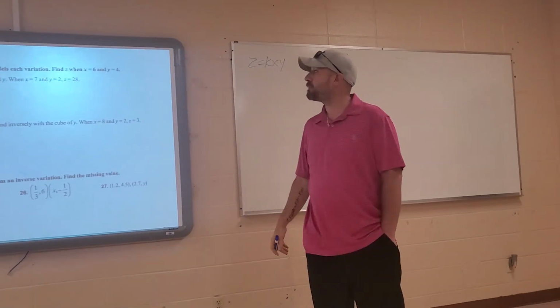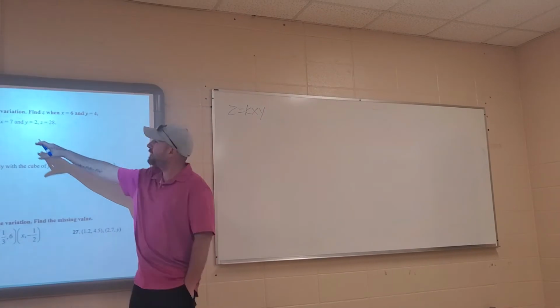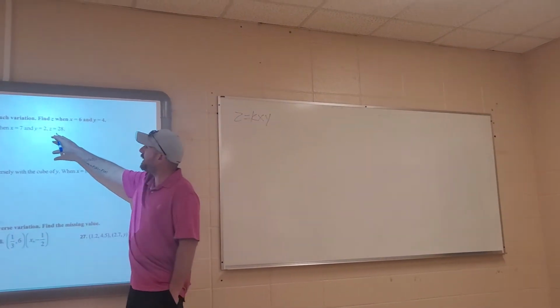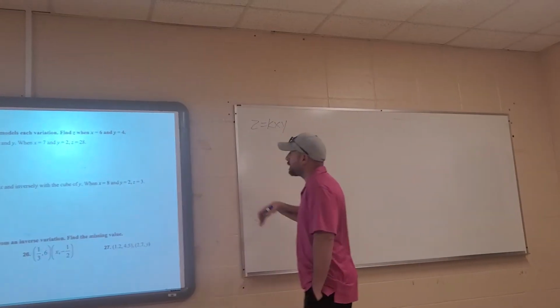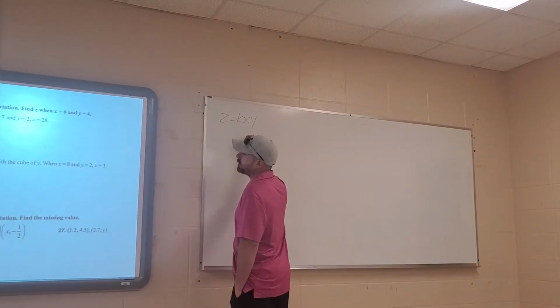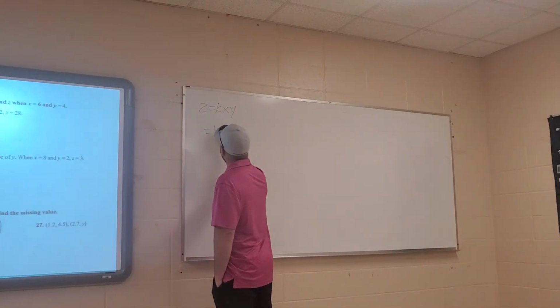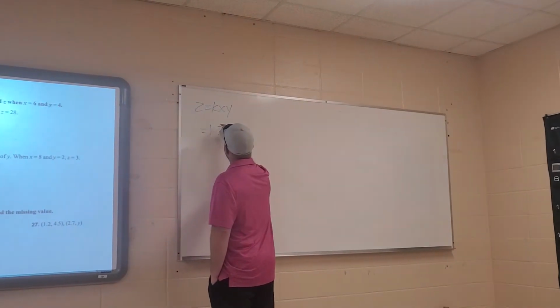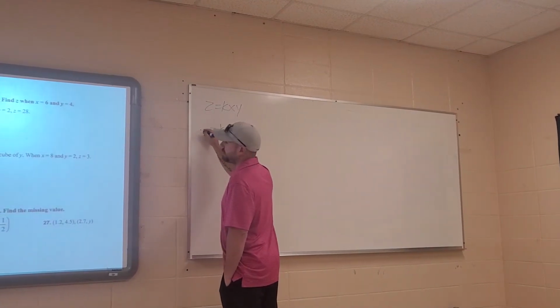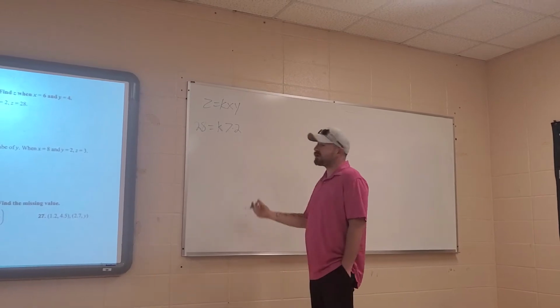Okay? And so now we need to find k, because we're given x, y, and z. Okay? So we just plug those in. So we have x is 7, y is 2. We want to know what k is. And z is 28. So now we just solve this.